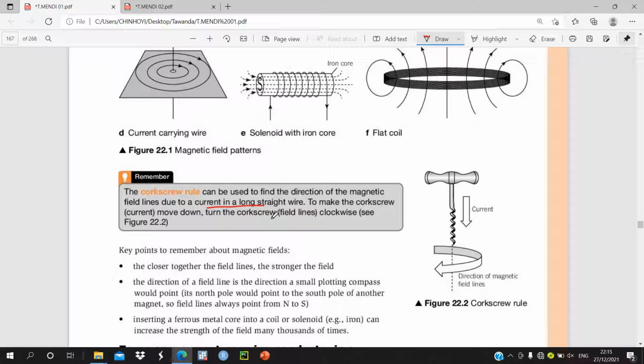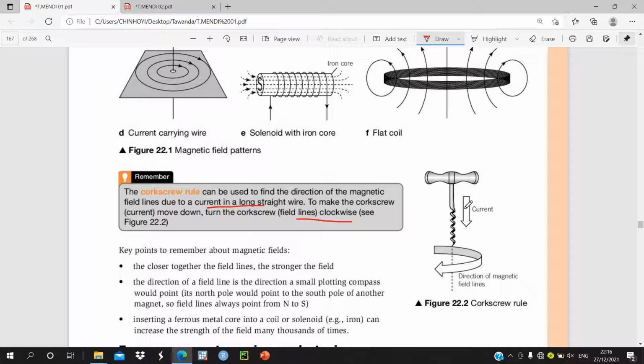To make the corkscrew move down, turn the corkscrew, and the field line goes clockwise. See this diagram. If this one is your screw, and you are screwing something inwards, the direction of the magnetic field lines will be clockwise.